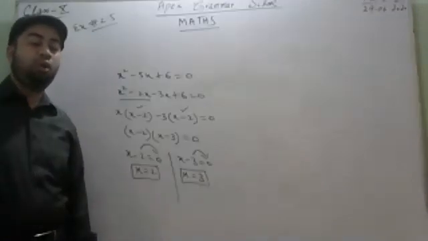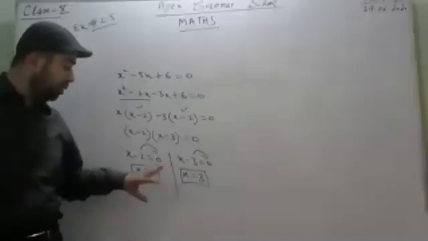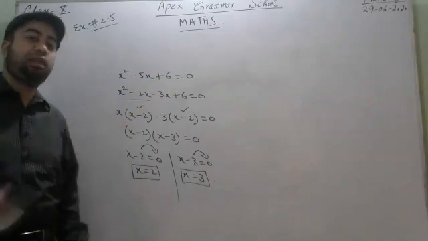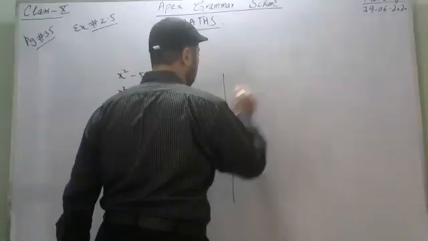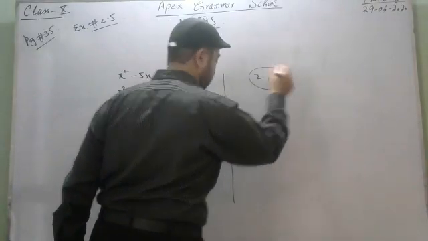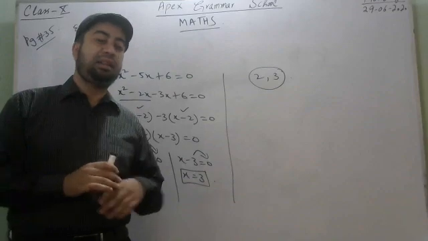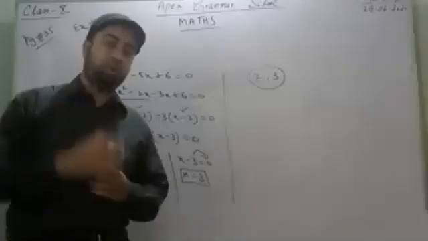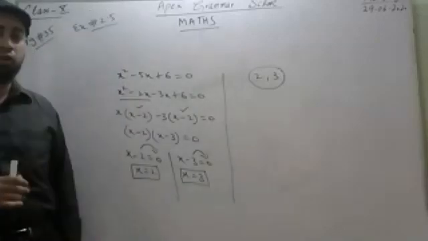But what if somebody gives us only these two roots and asks us that these are the roots of some quadratic equation? Now we don't know about this quadratic equation because our question starts from here.